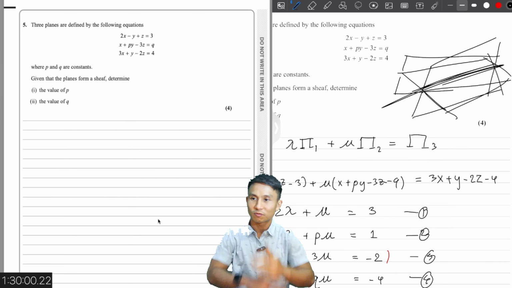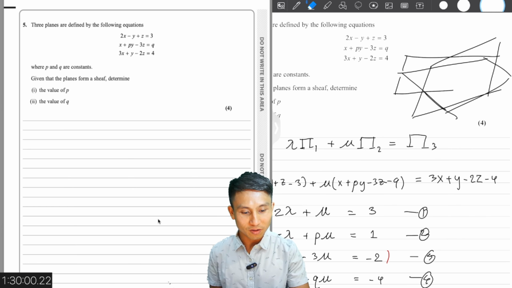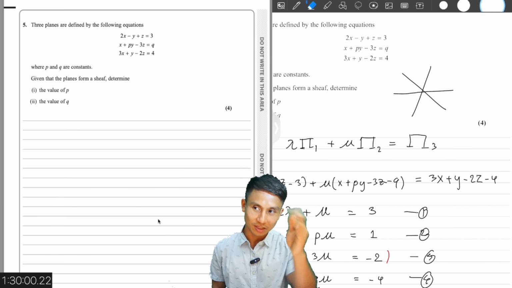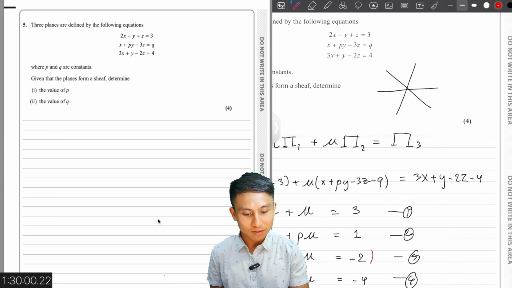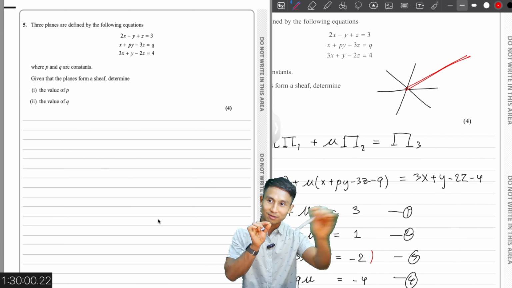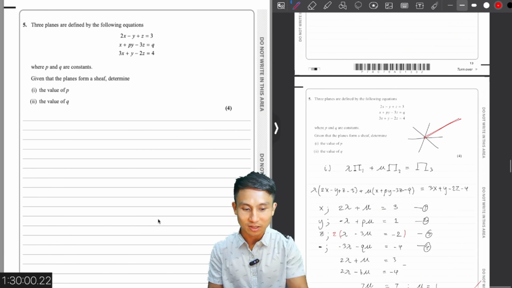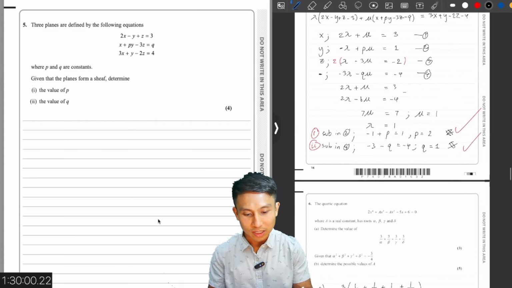That's a bad drawing actually, but if you look from the cross section, it should look exactly like that. Then if you draw another dimension there, they're going to intersect on this line. There will be a line of intersection there. That's a sheaf.